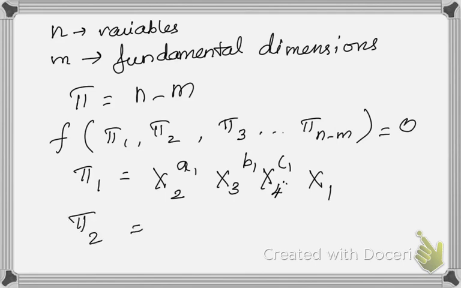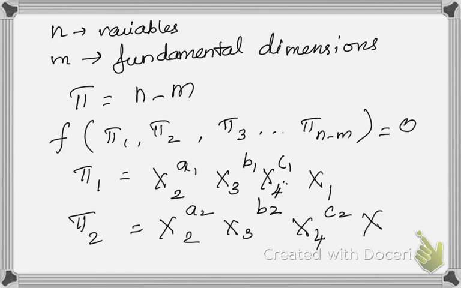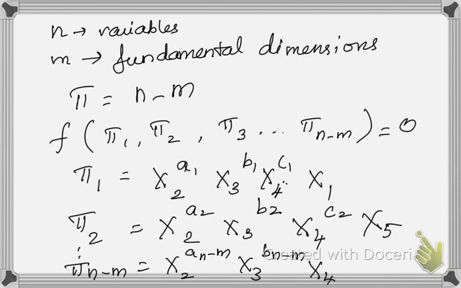Pi 2 will be x2 to the power a2, x3 to the power b2, x4 to the power c2 and x5, the other variable. Likewise, up to pi n minus m, which will be x2 to the power a n minus m, x3 to the power b n minus m, x4 to the power c n minus m and xn.